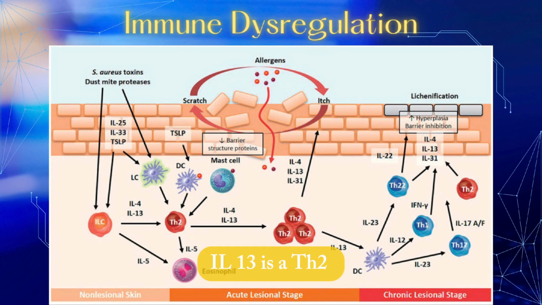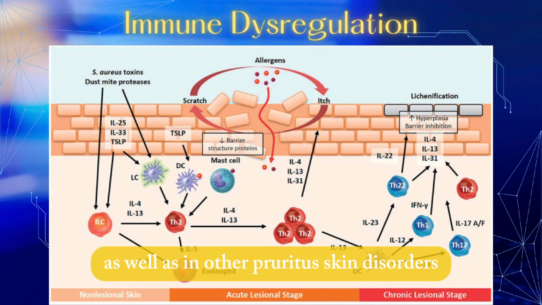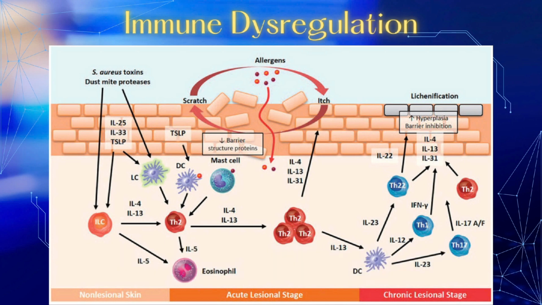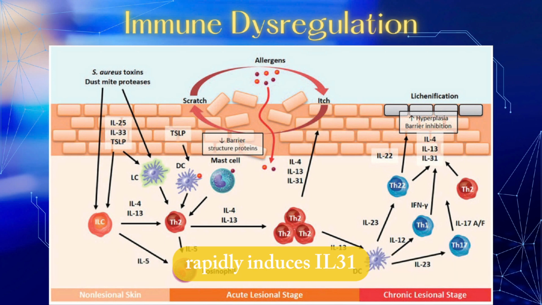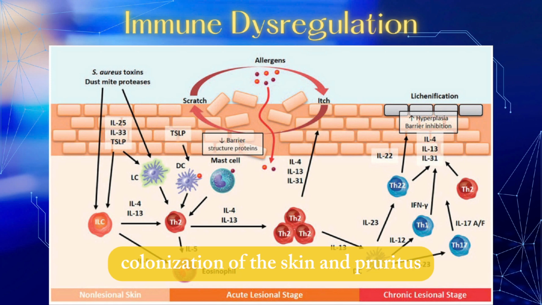Interleukin-31 is a Th2 cytokine that is highly expressed in lesional skin and serum of patients with AD as well as other related skin disorders, such as prurigo nodularis. Cutaneous exposure to staphylococcal superantigen rapidly induces interleukin-31 expression in atopic individuals, establishing a link between staphylococcal colonization of the skin and pruritus.